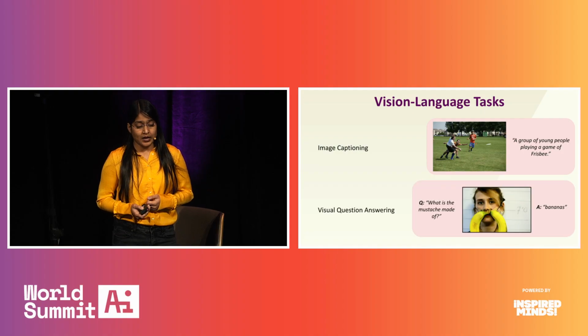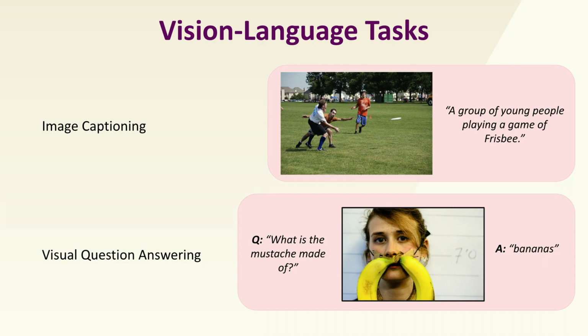Another very common task is visual question answering, where an AI system is given an image and a question about the image, and the task for the system is to answer the question in free-form natural language. Here you can see the question is what is the mustache made of, and the answer is supposed to be bananas.